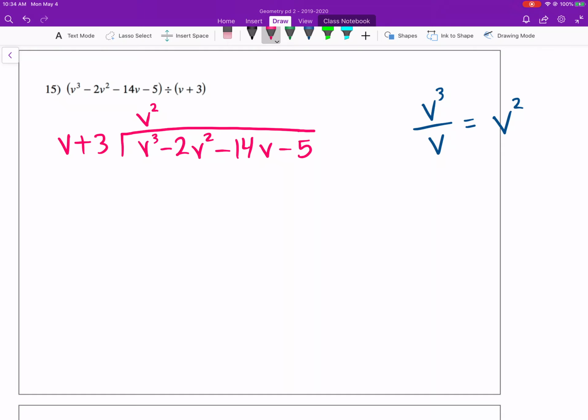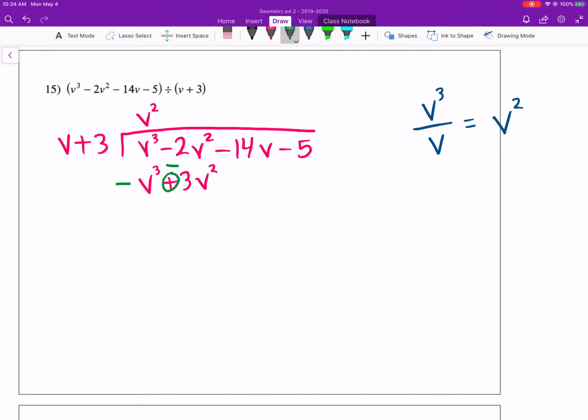After you divide, you throw that up top. Now you multiply. v squared times v is v cubed. v squared times 3 is 3v squared. So that was the multiplication step. Now our next step is subtraction. That means we change the signs. So this is now minus v cubed, and this positive here is no longer.